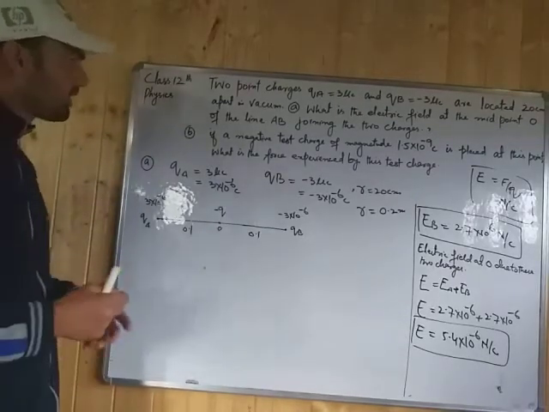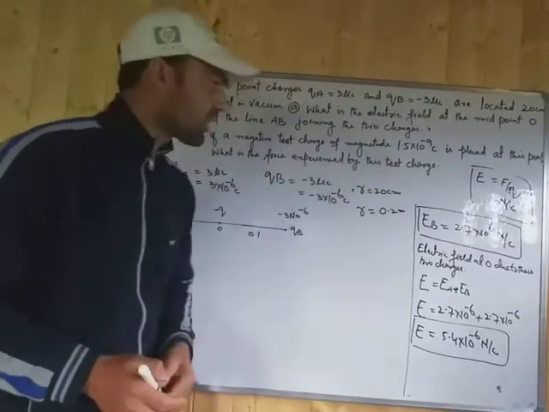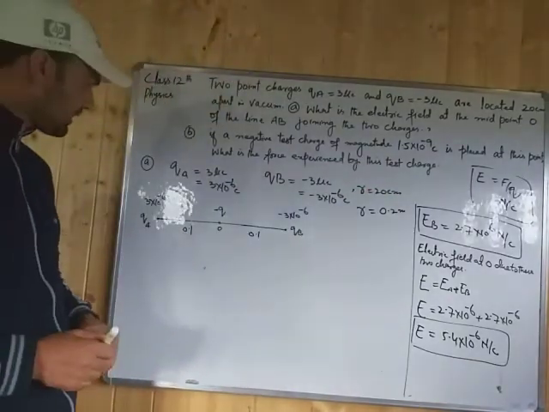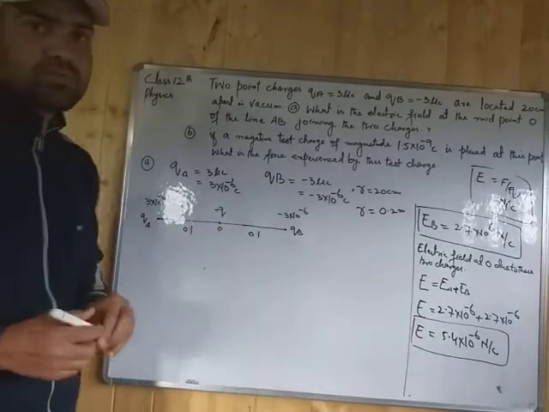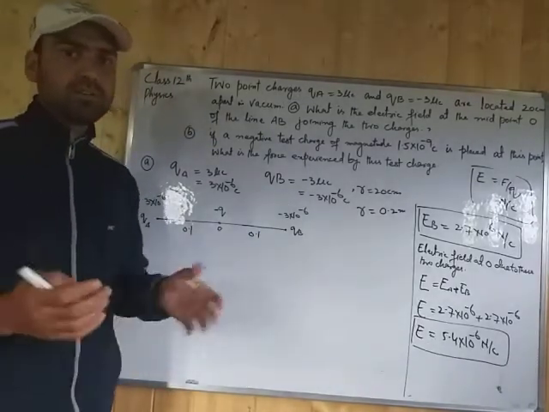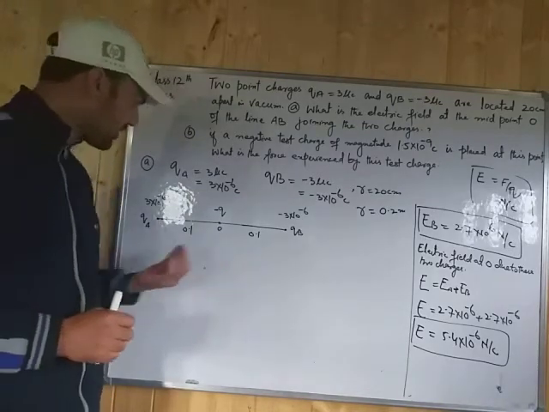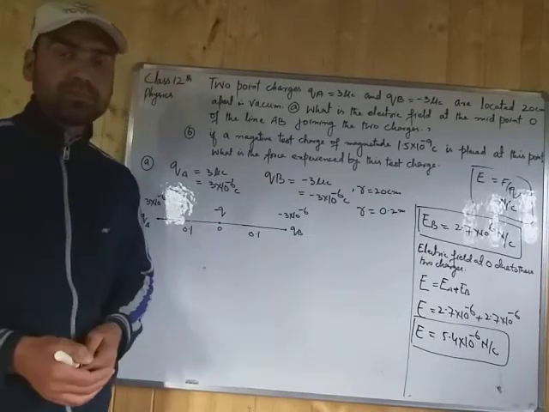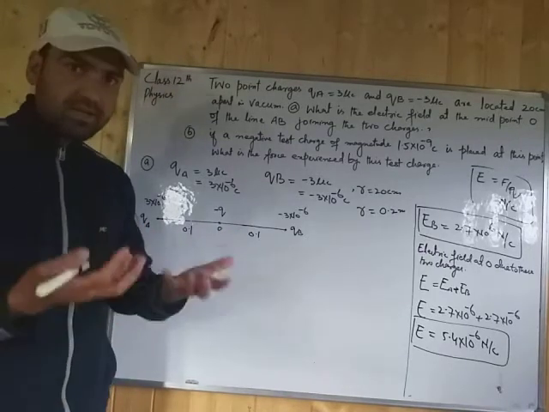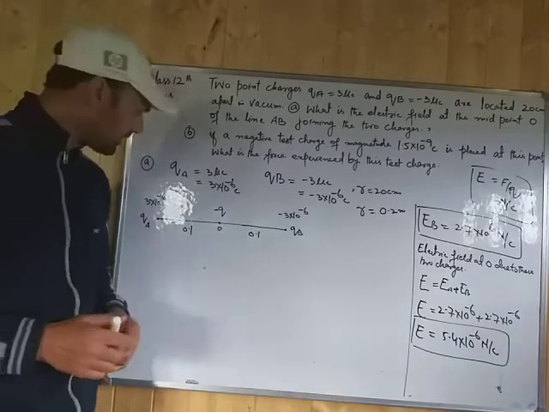Then we have to calculate the force experienced by this test charge. So we'll apply Coulomb's law. According to Coulomb's law, the force of attraction or repulsion between two charges is directly proportional to the product of the magnitudes of the two charges and inversely proportional to the square of the distance between them.